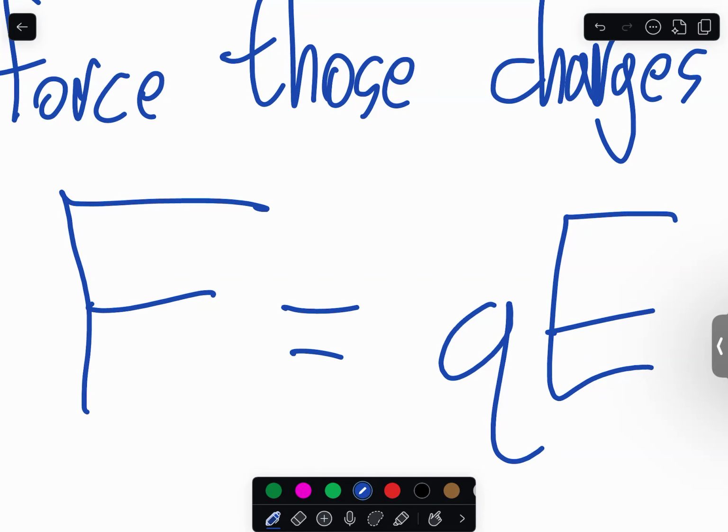E is everything you need to know about the dealers. Once you've calculated E, you don't need to know anything about that which experiences electric field. You only need to know about the things that create, exude, emit, emanate the electric field. Once you know E from the emanators, and once you know Q from the things that feel, multiply, baby, and you're done.